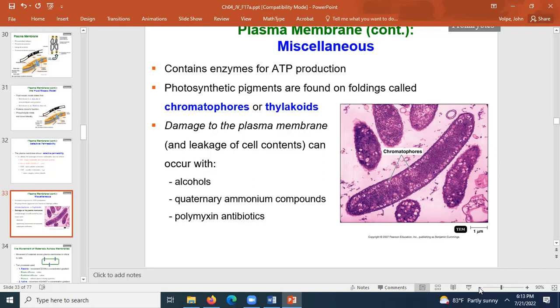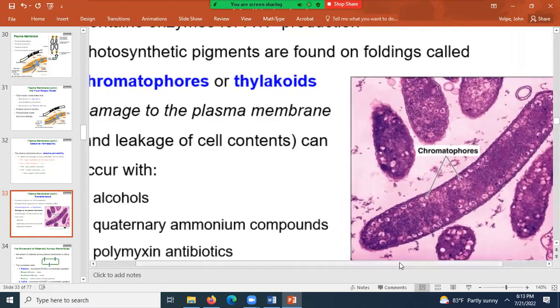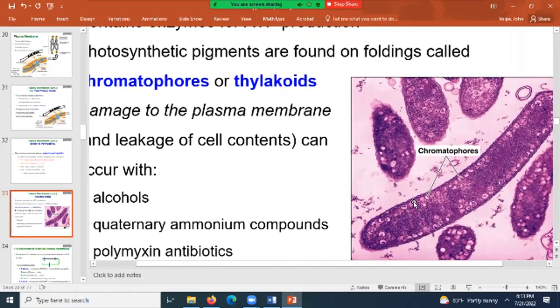For photosynthetic bacteria, the pigments, which are the light-trapping molecules, are found in the plasma membrane, and they're actually found in the folds of the plasma membrane. So right here, the plasma membrane is here, but it's not a straight line.